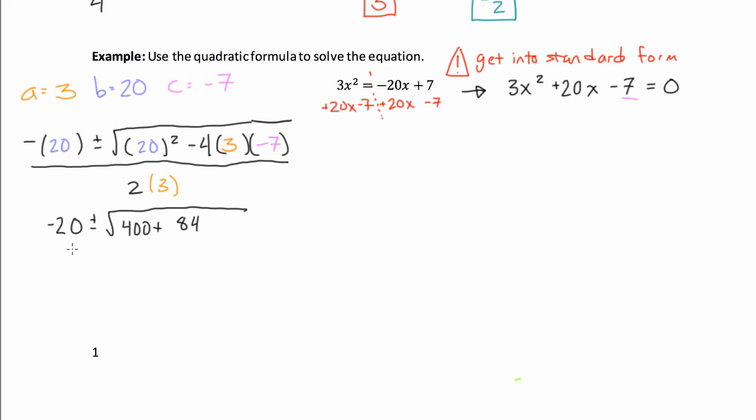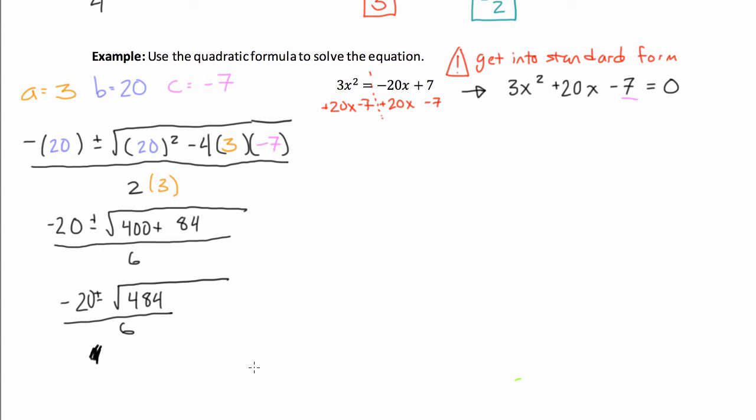And that whole thing is going to be divided by 6. So negative 20 plus or minus the square root of 484. I'm going to cross that out just because it looks kind of confusing.